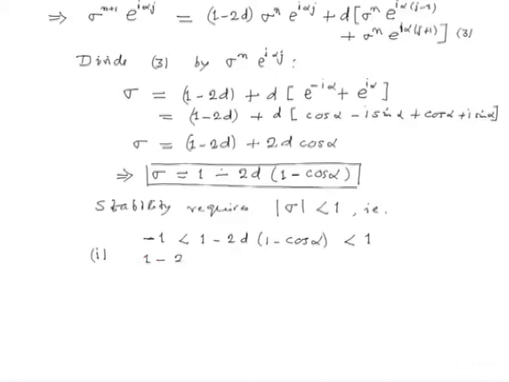So, 1 minus twice of d into 1 minus cos alpha is less than 1. If we subtract 1 from both the sides, this will lead to minus 2d into 1 minus cos alpha should be less than 0. Divided by minus 2d, this inequality changes and we get 1 minus cos alpha should be greater than 0.